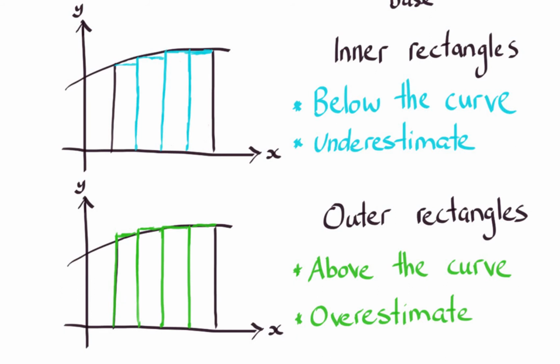And this idea of creating more and more rectangles, now they would become skinnier and skinnier as we got more and more of them, but this idea is really important. It's the essence behind integration, and we'll touch on that in future videos. But for now, let's do some examples to see how we can practice this approximation under a curve using rectangles.